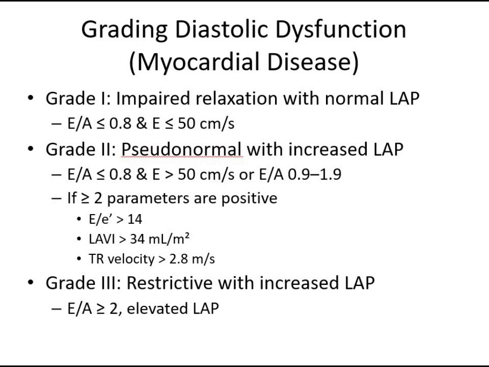And grade 3 diastolic dysfunction with restrictive and with increased left atrial pressure is simple. You just look at the E to A ratio. If it's greater than or equal to 2, then it's grade 3.